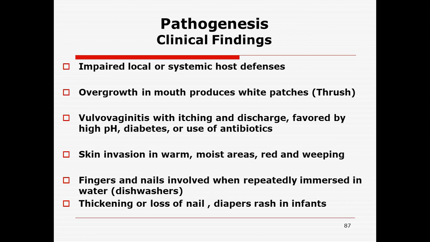This vulvovaginitis is favored by high pH, and diabetic individuals are more prone, as are individuals on antimicrobial chemotherapy, because lactobacilli, which are the normal flora in the vagina and vulva, maintain the low pH of the area that protects from infection by commensals. When the pH goes high, or when there is use of an antimicrobial drug that kills the lactobacilli, the pH goes high, and that favors the growth of Candida albicans.